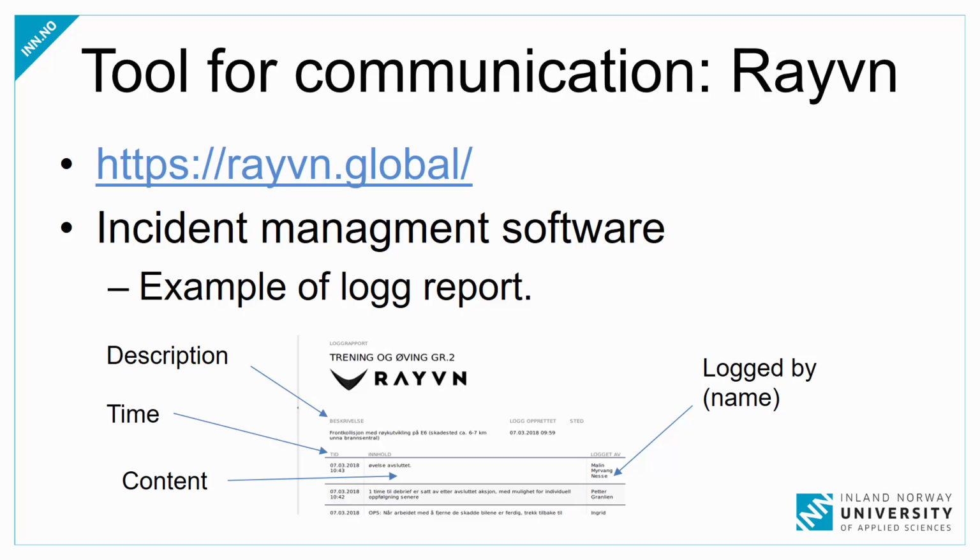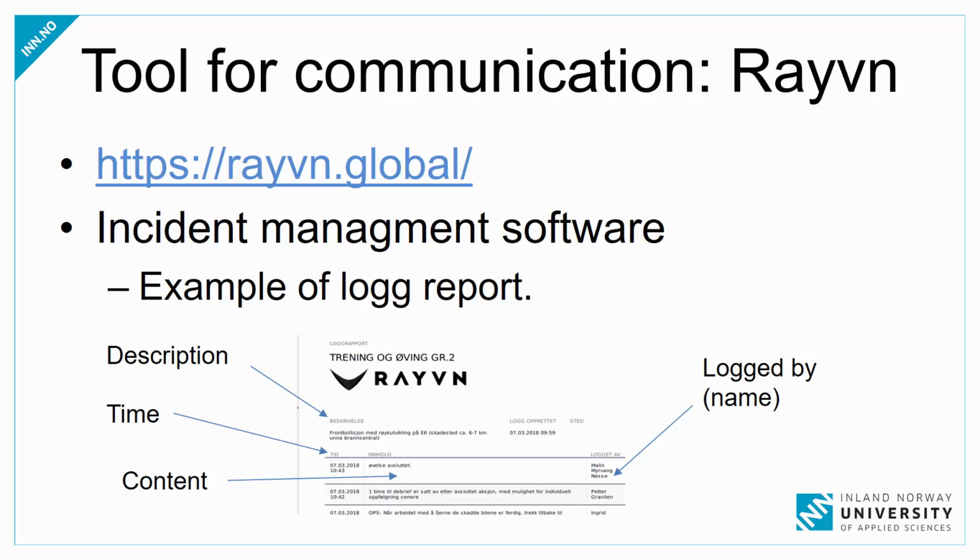The last tool is Raven, and it's a communication tool. It's an incident management software, and I'm sorry that the picture is in Norwegian, but you'll find on top the description of the assignment. The timeline for the assignment will also be present.